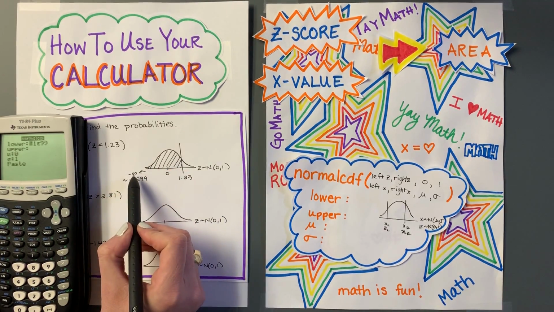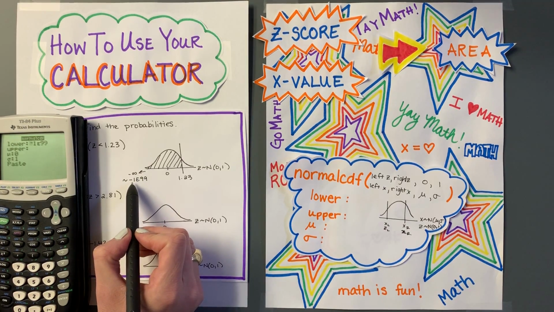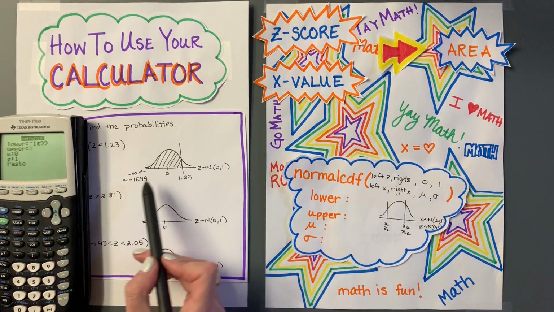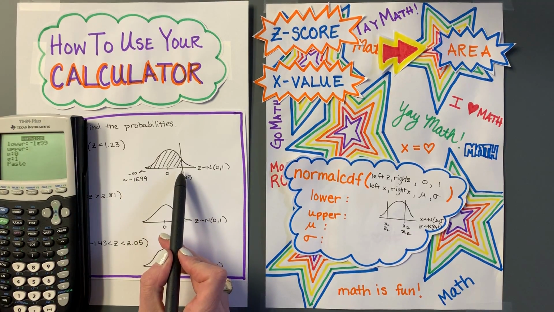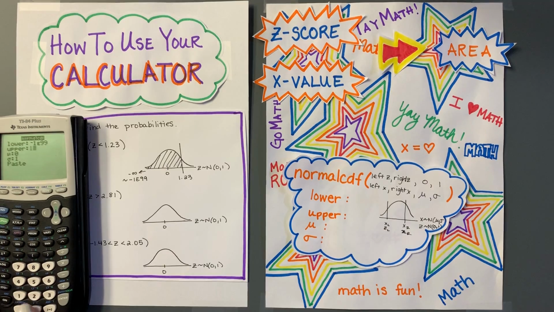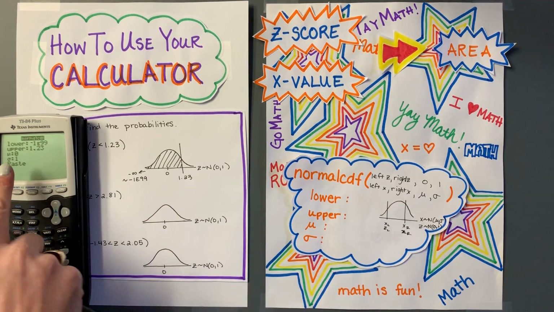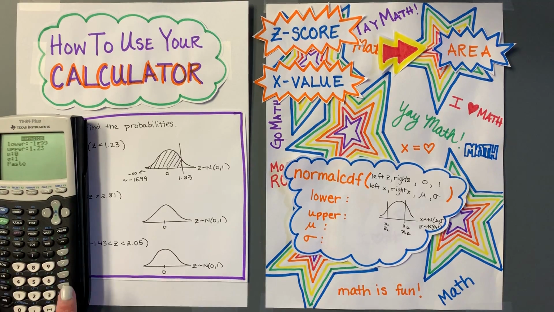So instead of putting in negative infinity for the left limit of this region, we're going to put in negative 1e99. So I have that in my calculator. My upper limit, that is the upper z value, 1.23. My mean is 0, and my standard deviation is 1, and I have those in there correctly.